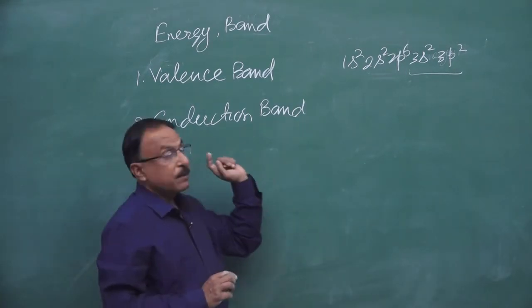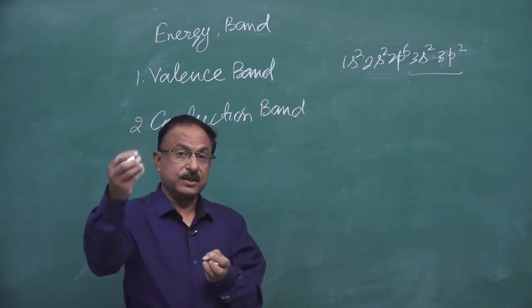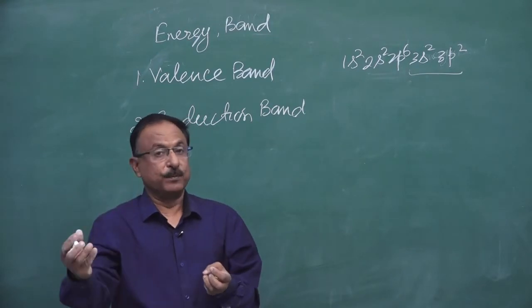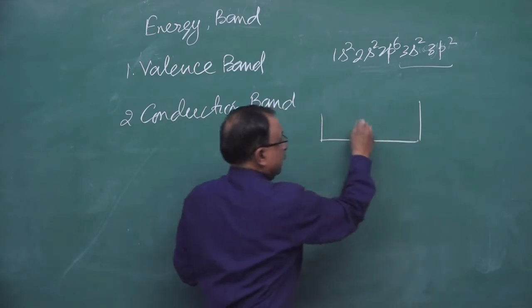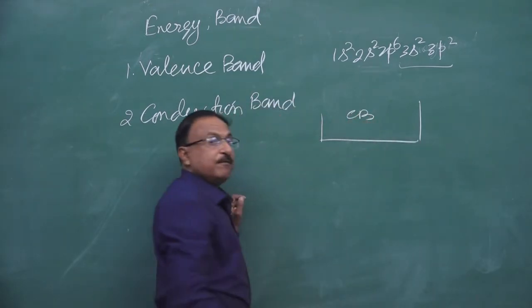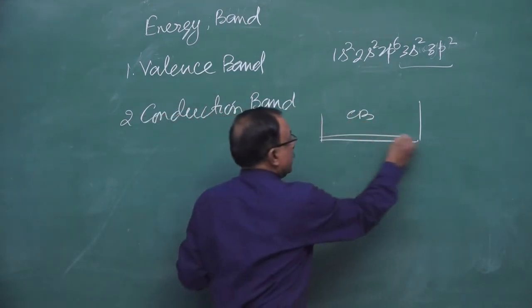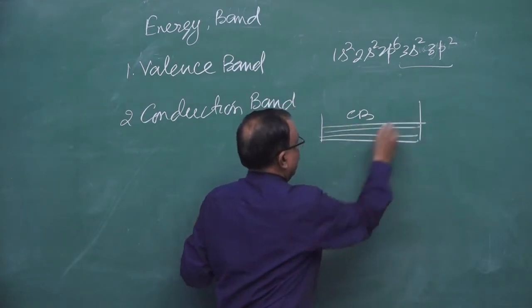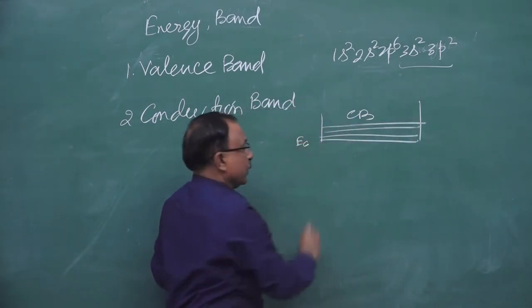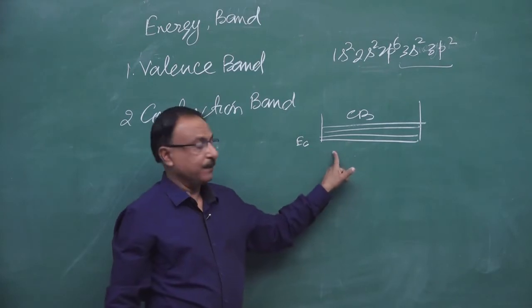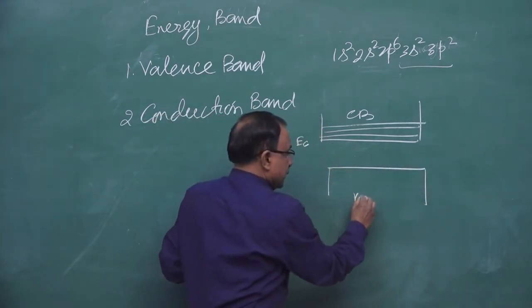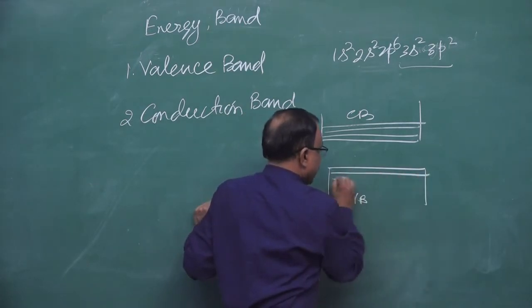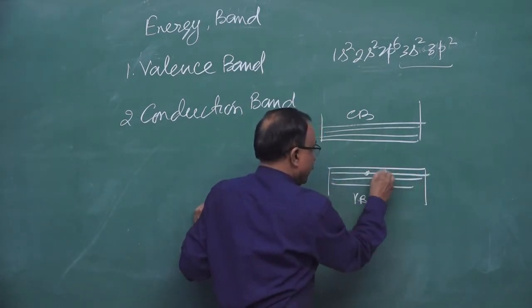We call it the conduction band, because once an electron reaches the conduction band, it can move. Have you understood? The conduction band consists of those energy levels which are unoccupied. This is the lowest energy level of the conduction band. The valence band is the group of those energy levels which are already occupied.